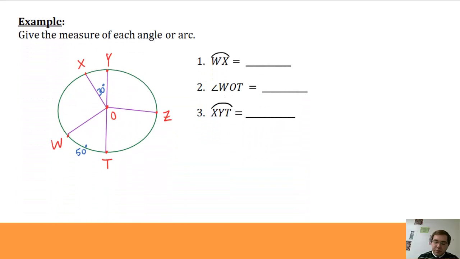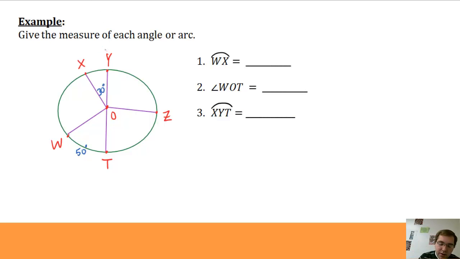Here's an example. We're going to give the measure of each angle or arc from the picture that we've got. So let's find arc WX. Well, O is the center of the circle, so line YT is the diameter of the circle. So to the left of YT is a semicircle of 180 degrees.